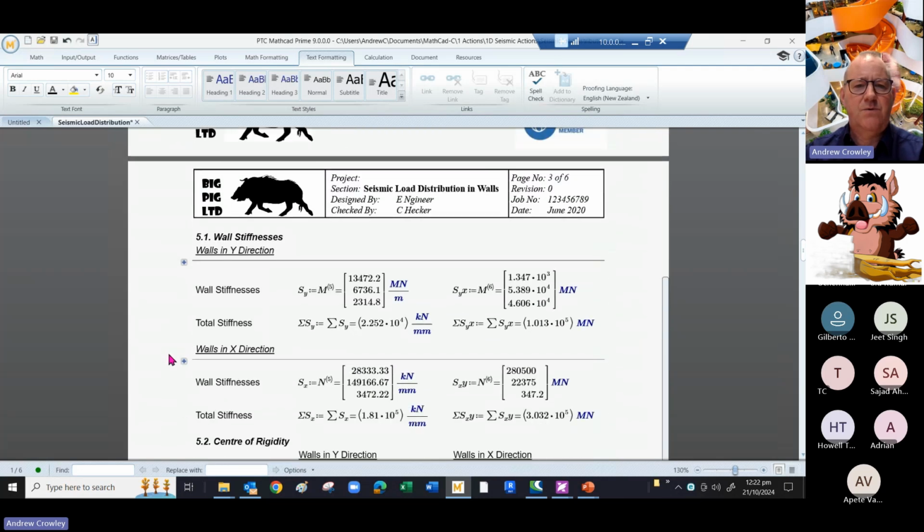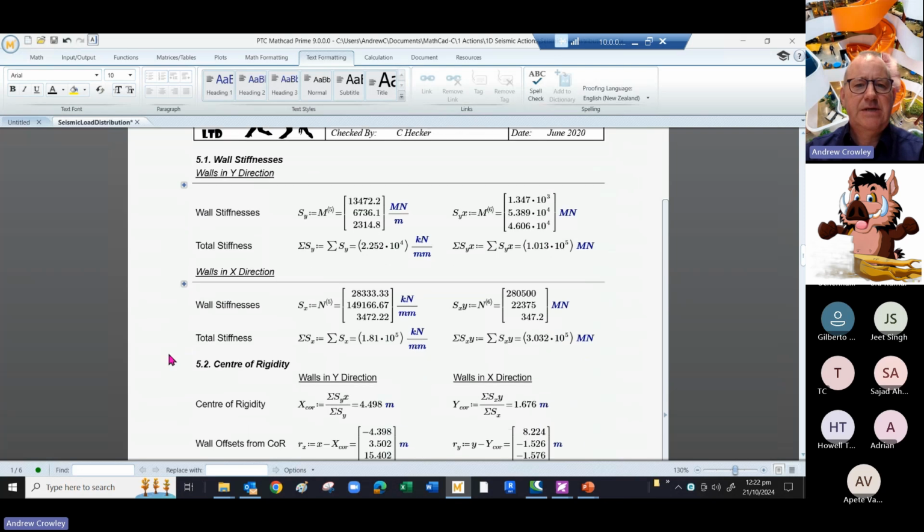we then calculate the wall stiffnesses and the total wall stiffnesses in each of the directions. Here's the y direction, and then we have walls in the x direction for wall stiffnesses and total wall stiffness in the x direction.